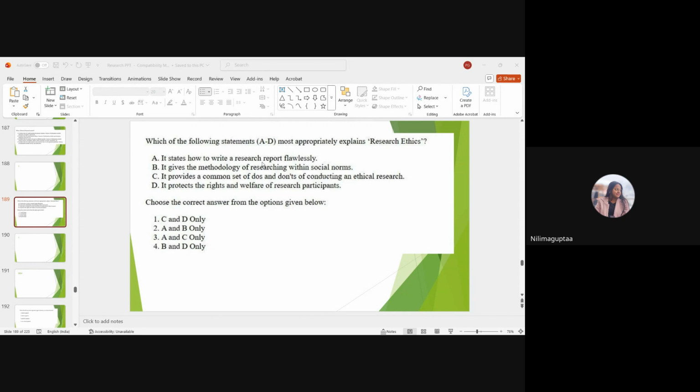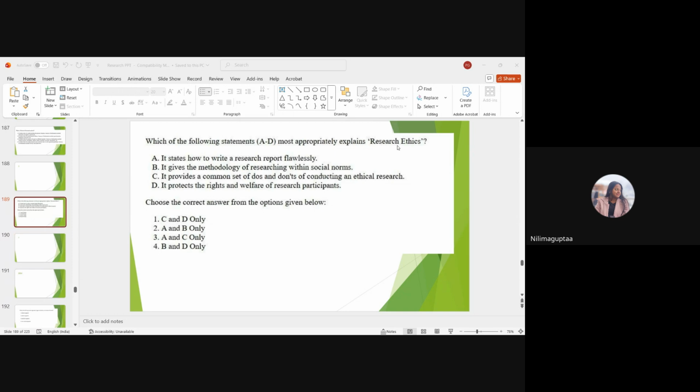Okay? Because how to write a research report is already taught in the steps of research, and we are talking about ethics. So having option A is straight away a wrong answer. So in that case, second and third go away. Then the second is it gives methodology of researching within social norms. Again, no, it gives methodology of researching under ethical norms, not social norms.